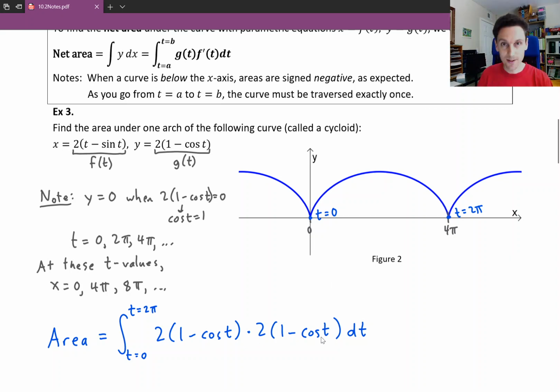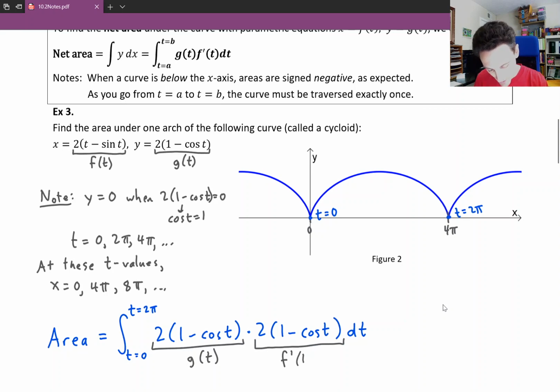It's kind of weird, they turned out to be the same, just by coincidence. So here's g of t first, y is equal to g of t, and then the rest of it is f prime of t, and then dt.